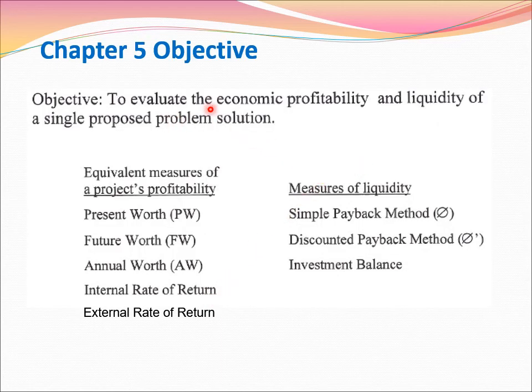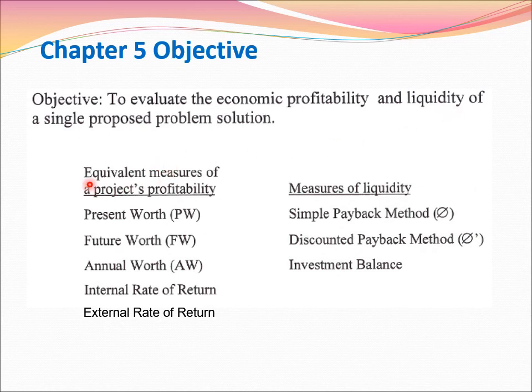So what's our objective in this chapter? It is to evaluate the economic profitability and liquidity of a single proposed problem solution. When I say liquidity, liquidity means how quickly you will convert your assets into money, and how quickly you will get the return from your investment.